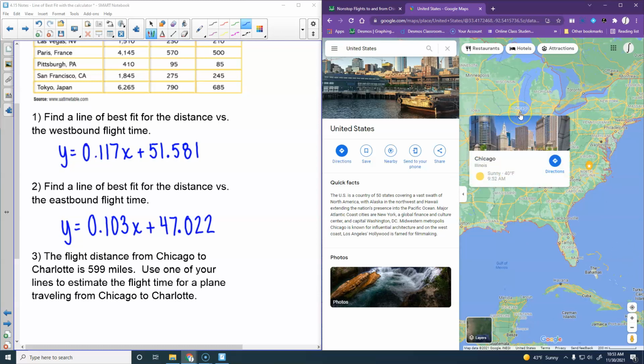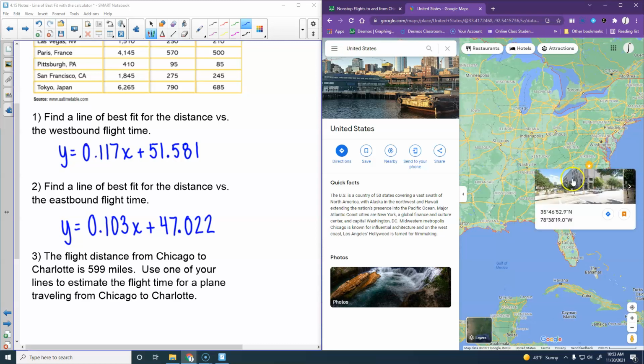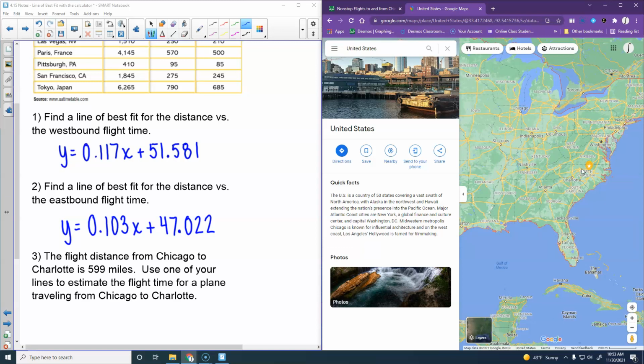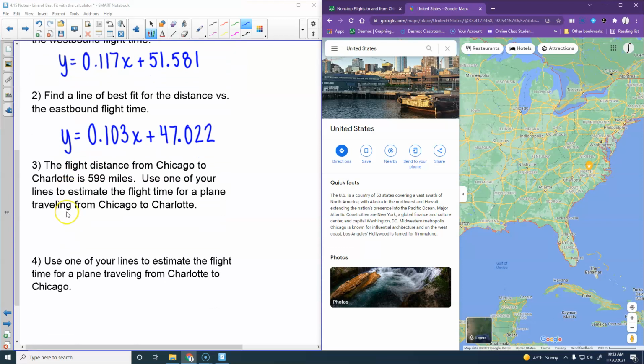Okay? From Chicago to Charlotte, if you start in Chicago and going to Charlotte, I realize you're going a lot south, but are you going to the east or to the west? East. So which line should we use, number 1 or number 2? 2.